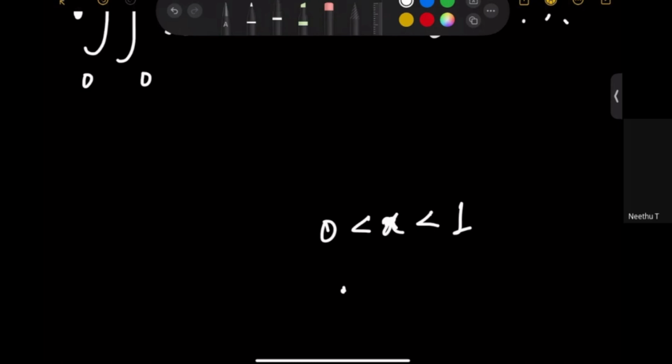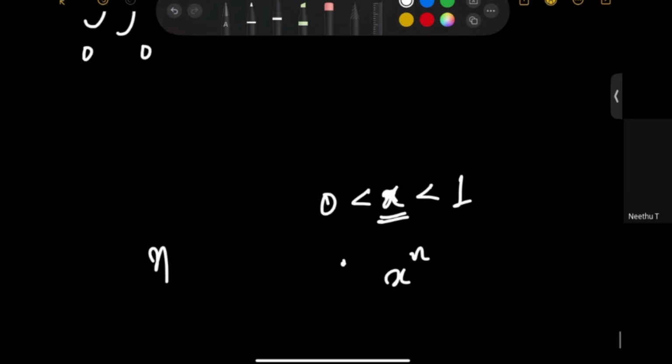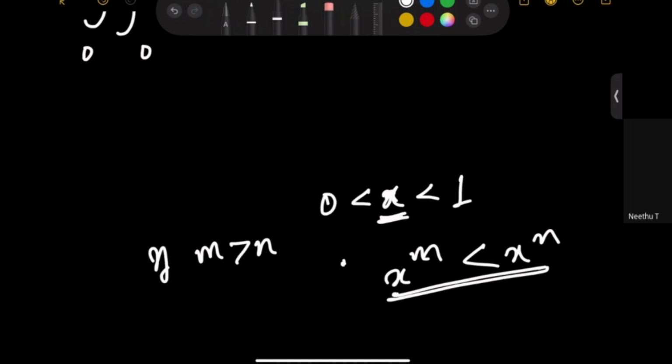When x lies between 0 and 1, there is only one variable, and the more you raise the power of x, the smaller it will be. So if I have m greater than n, then x to the power m will be less than x to the power n. This works when there is only one variable with a value between 0 and 1.